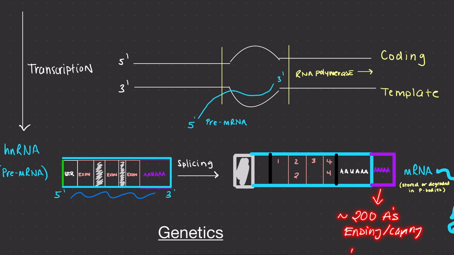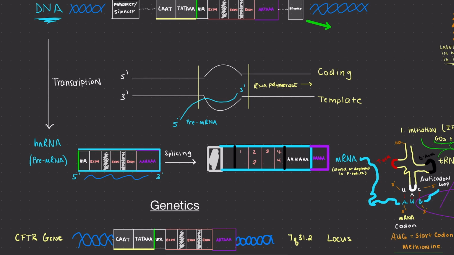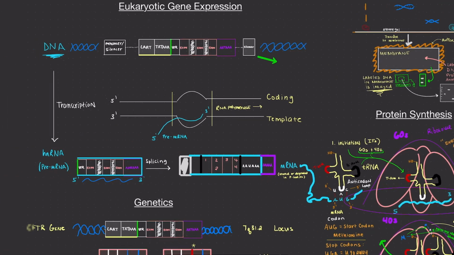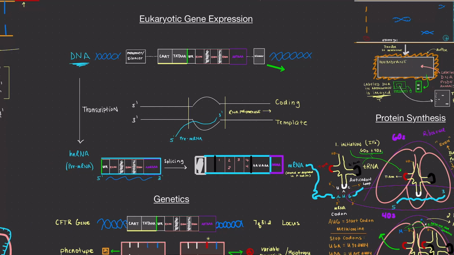And then this will relocate to a ribosome, which are all over our cells, especially in the rough endoplasmic reticulum, and we are officially outside the nucleus with this mRNA, because all of transcription takes place within the nucleus of eukaryotic cells. And then the protein synthesis will commence.